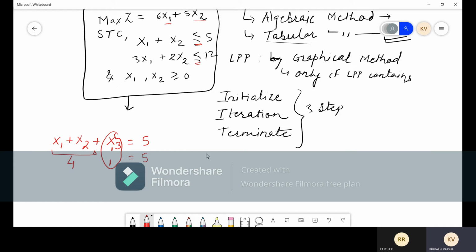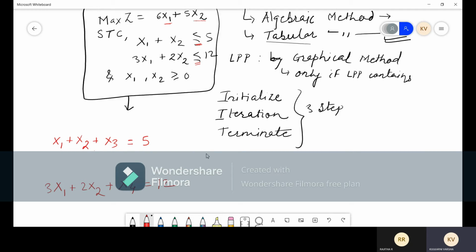So for this equation, we have added x3, and for this equation, we'll take another variable x4: 3x1 plus 2x2 plus x4 equal to 12. Just to convert the less than or equal to into equal to, we are using this x3 and x4.